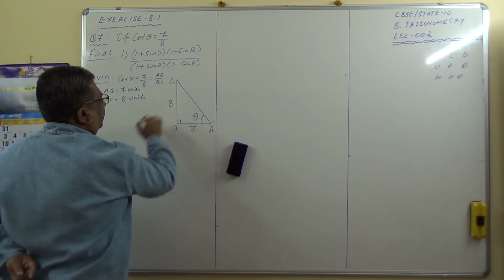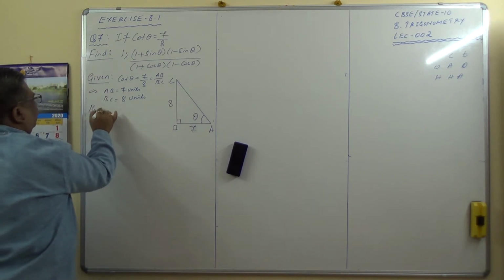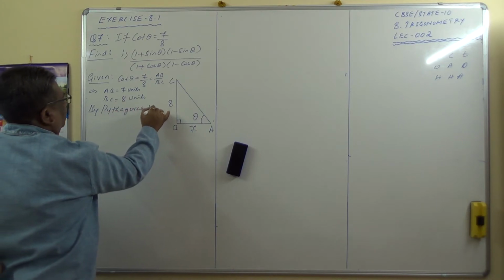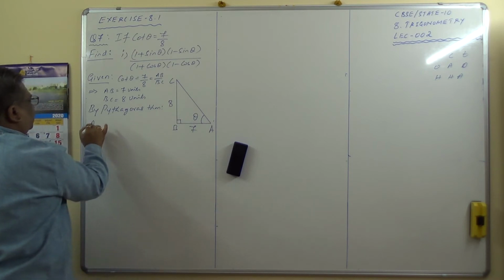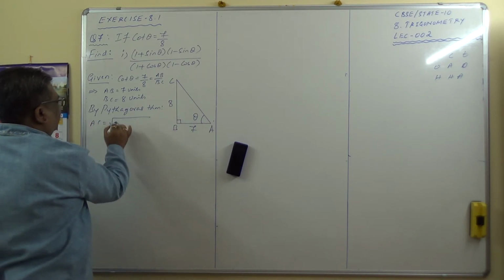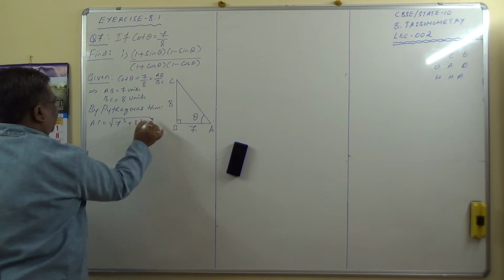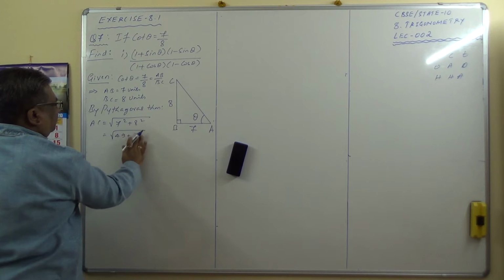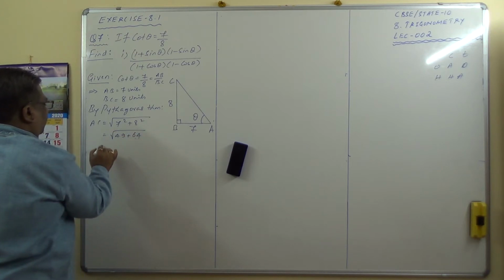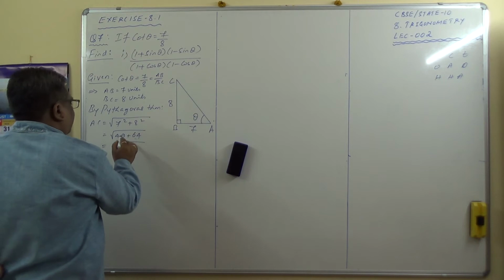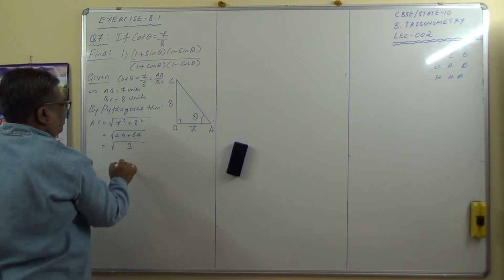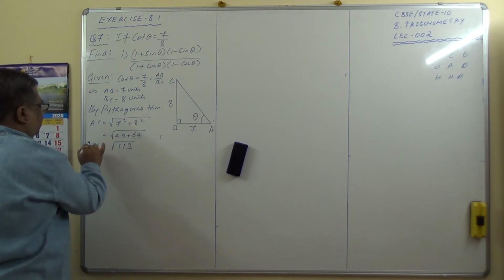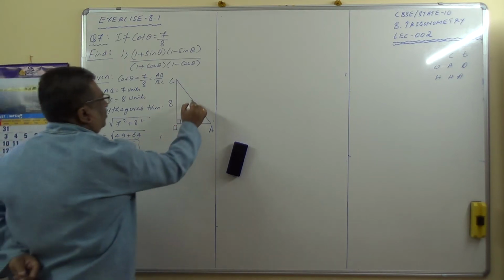So by Pythagoras theorem, AC equals under root of 7 square plus 8 square, 49 plus 64, which equals 113. So we got AC as root of 113.